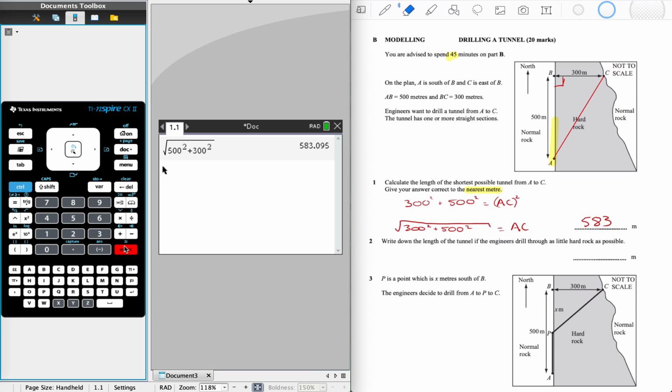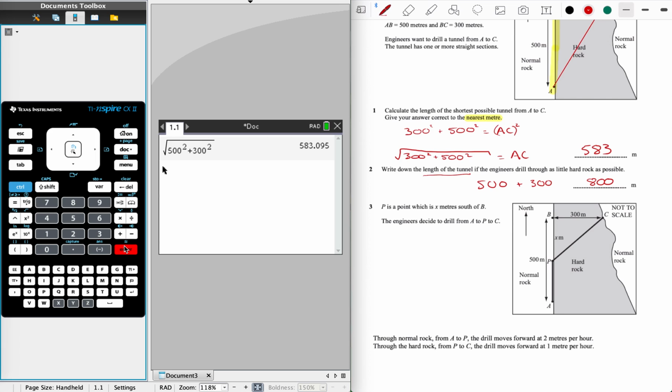As I continue in this direction, going closer and closer, it continues to get shorter until it gets to B. So clearly the smallest amount of hard rock is going to be directly across this shaded section here. So it's going to be the 300 meters of hard rock. So the length of the tunnel in total would be that 500 of soft or normal rock plus the 300 of hard rock, which gives us a total of 800.